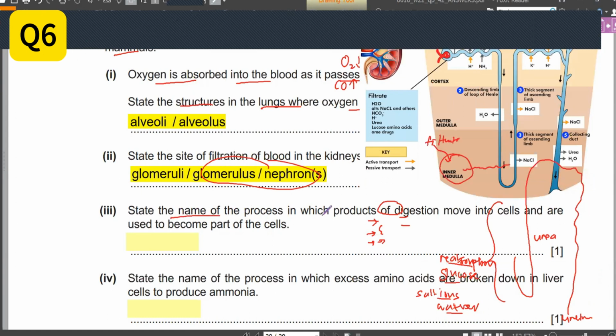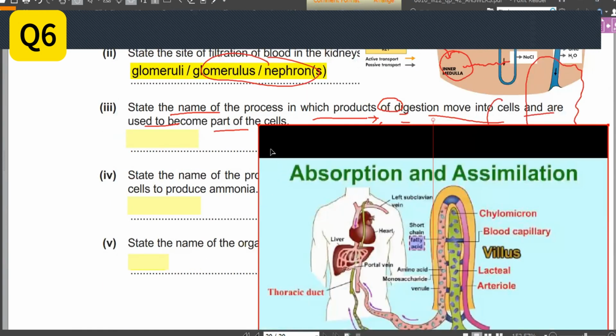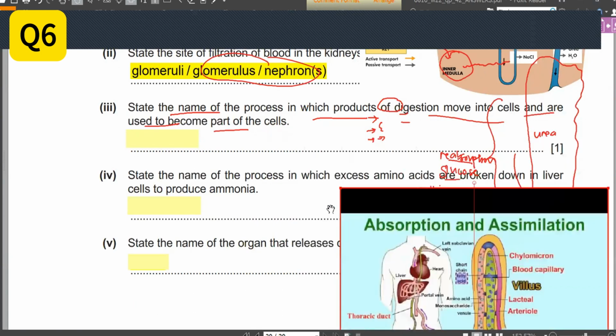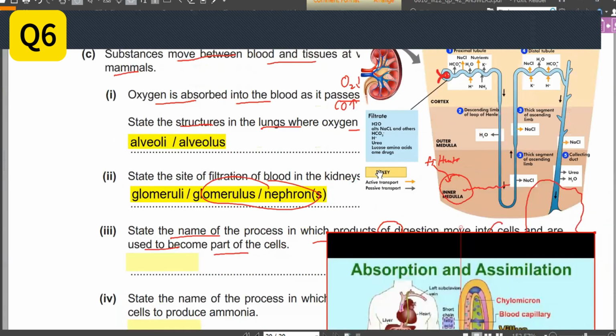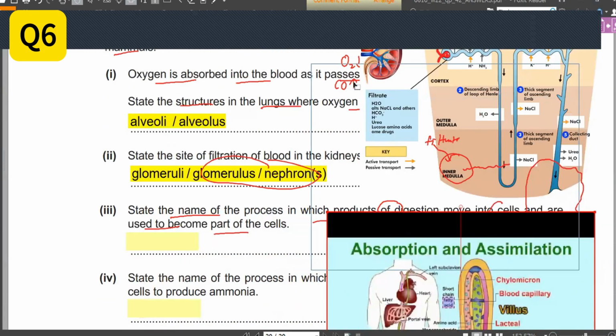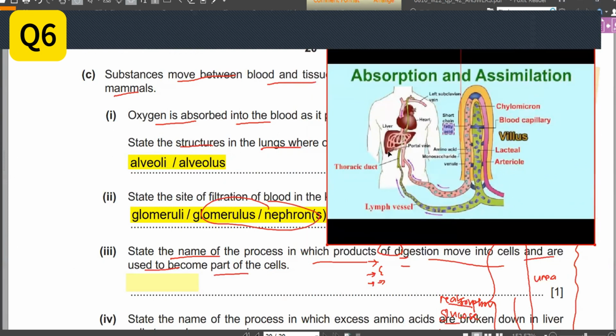State the name of the process in which products of digestion move into cells and are used to become part of the cells. Assimilation. What happened is that when our digestion has finished, all of the large food particles are broken down into smaller molecules.